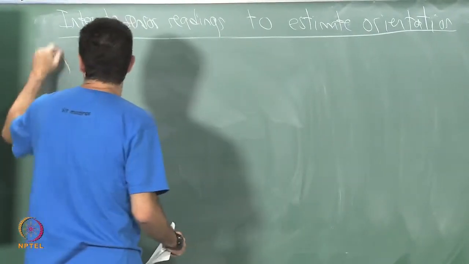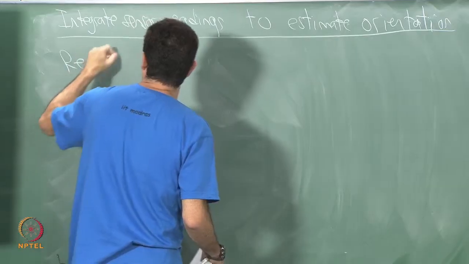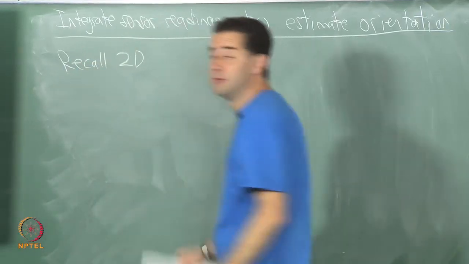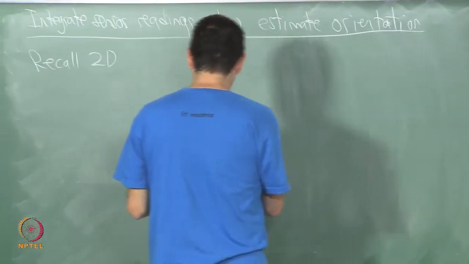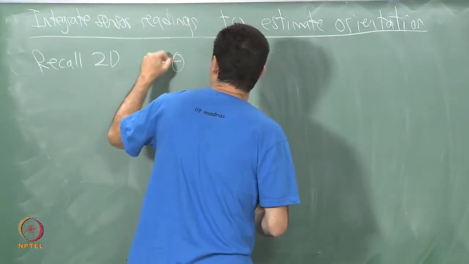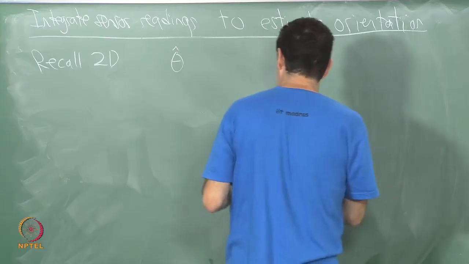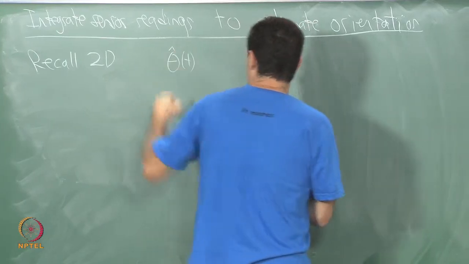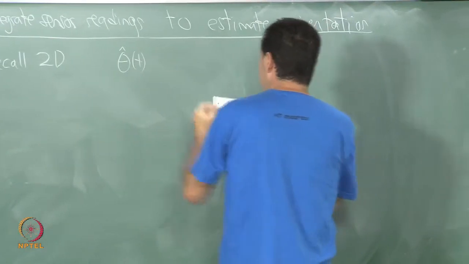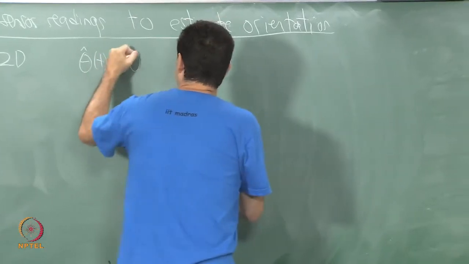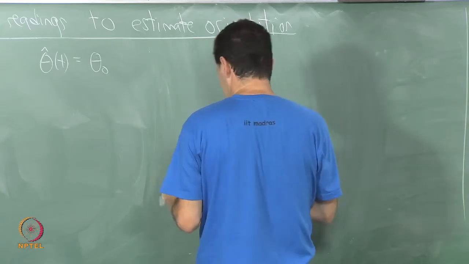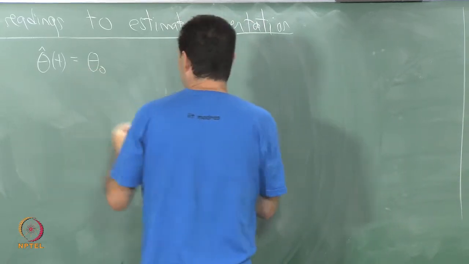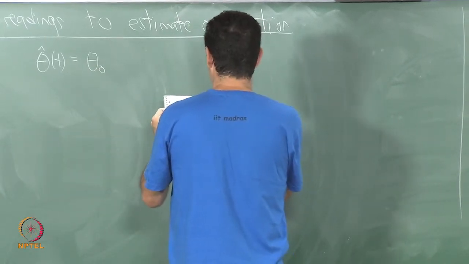So I gave you the 2D case, so recall the 2D case, which in terms of orientations was really a 1D case. I said that our estimate of theta at some particular time t, which I've not been too explicit about how that's related to k, is theta 0 plus a sum, although I did say that we'll consider k all the way up to the current time and not beyond it.